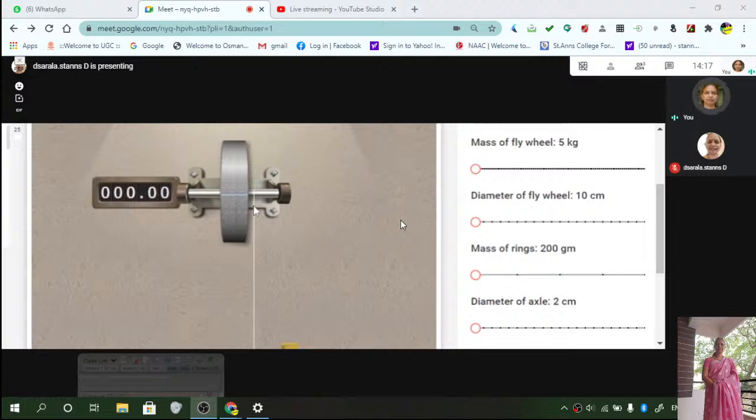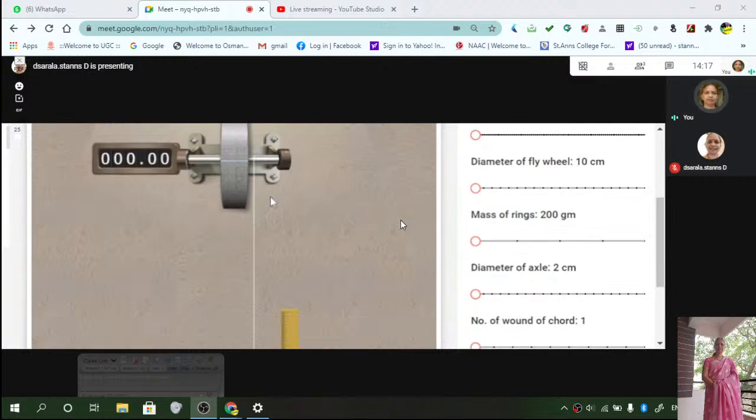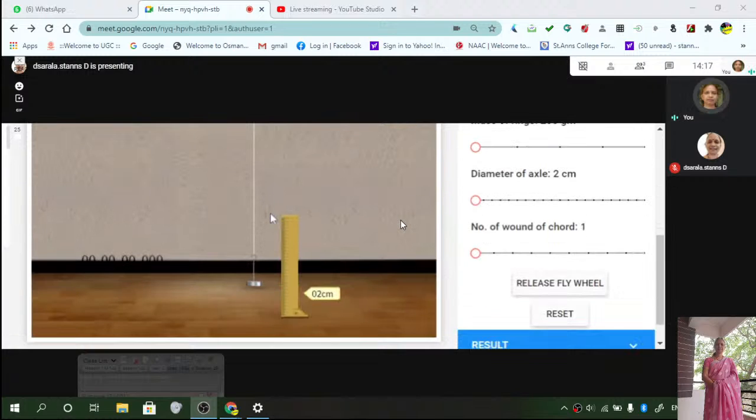And when you rotate this wheel, what happens? It is acquiring kinetic energy. That energy is transferred to the axle and it starts rotating.